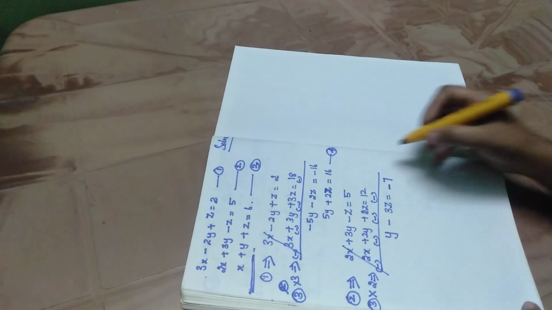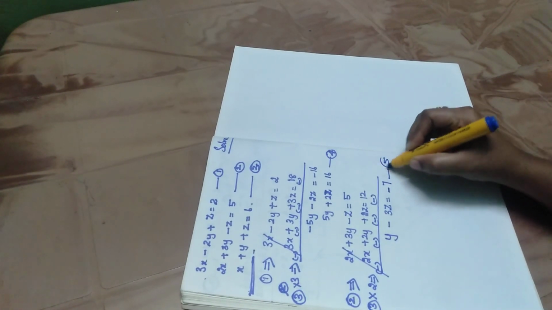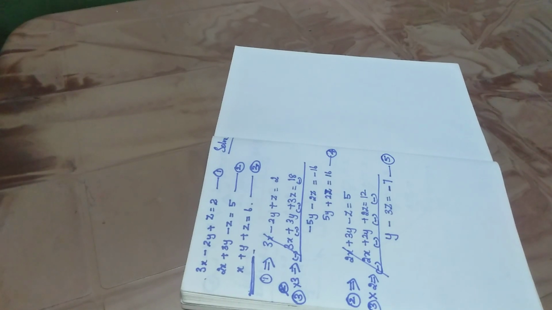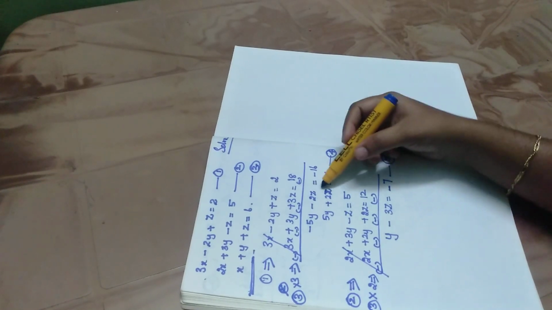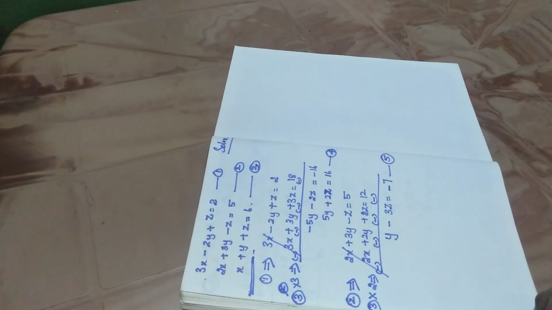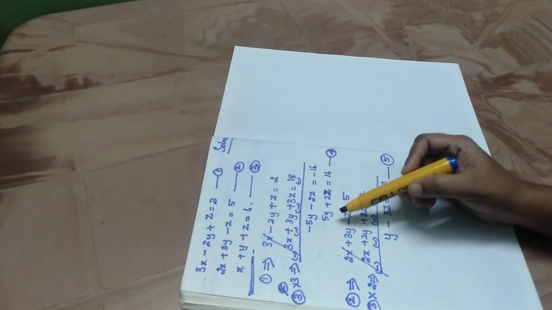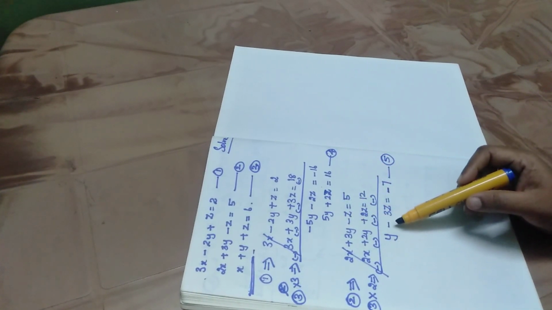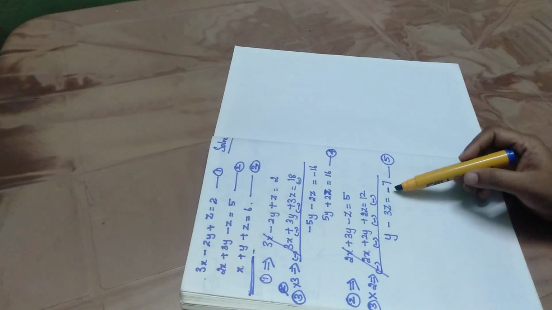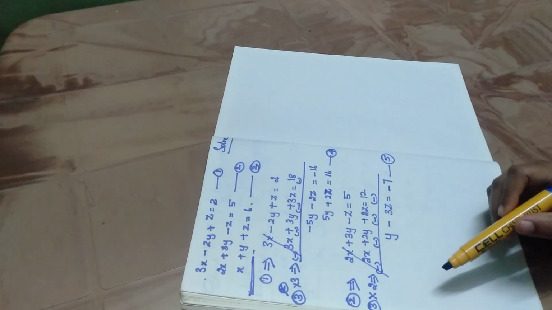So let it be here. Now see, y is set. So with these two, any one value we can find out. So the fourth equation is 5y plus 2z is 16, and y minus 3z is equal to minus 7.